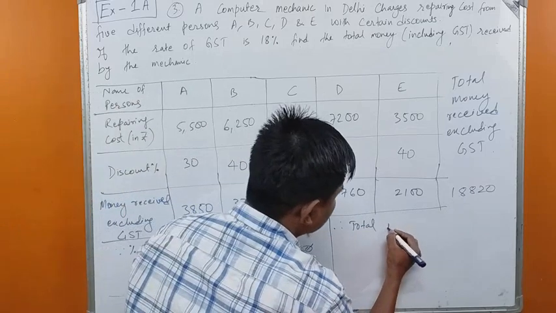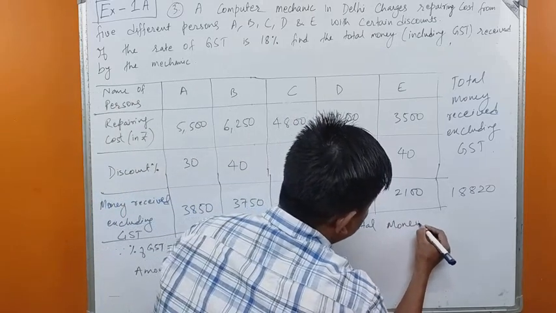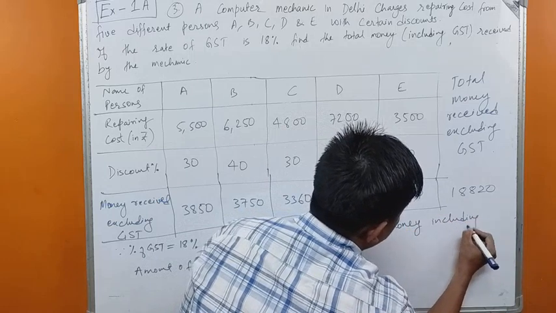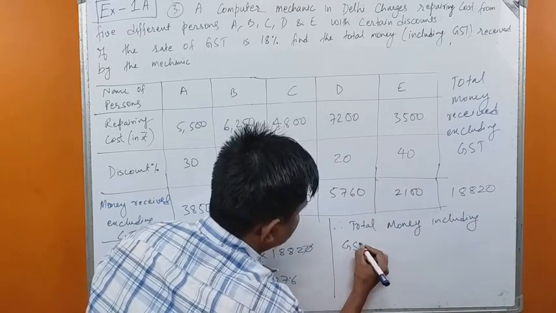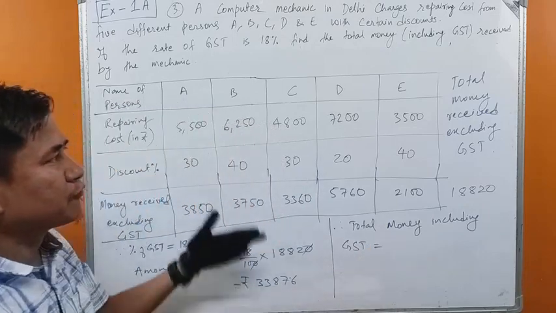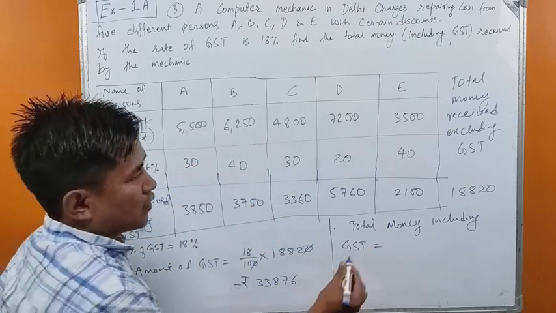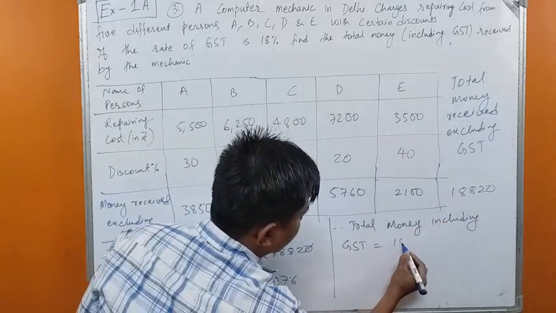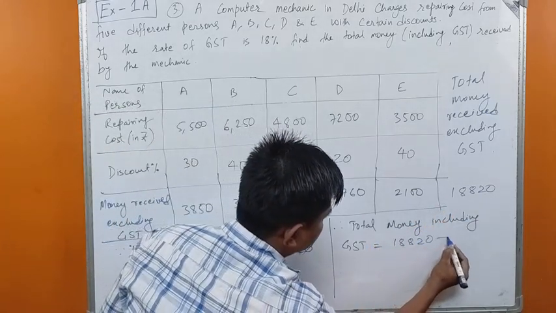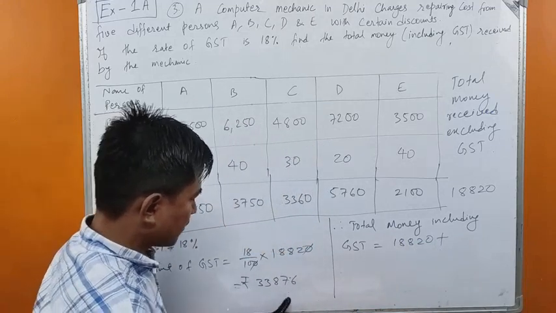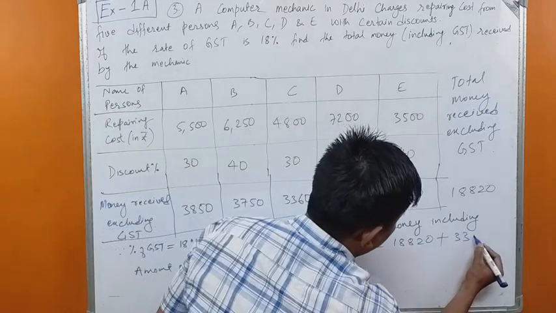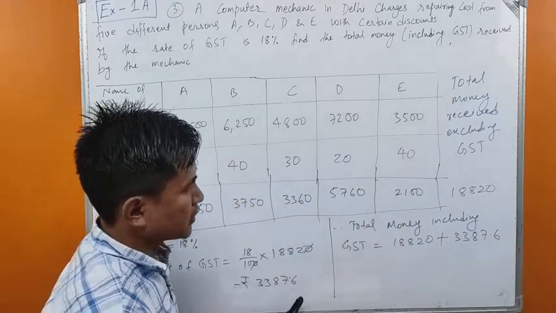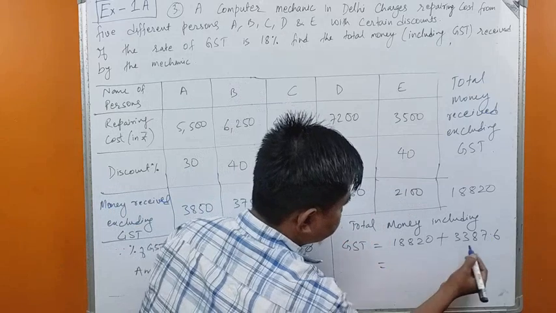So total money including GST, to be received by the computer mechanic from the 5 persons is 18820 plus 3387.6.